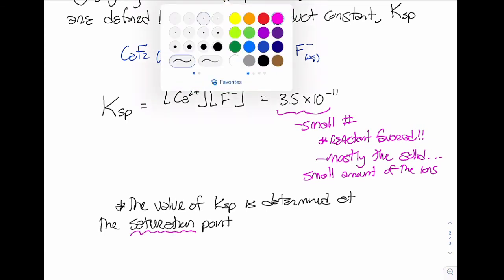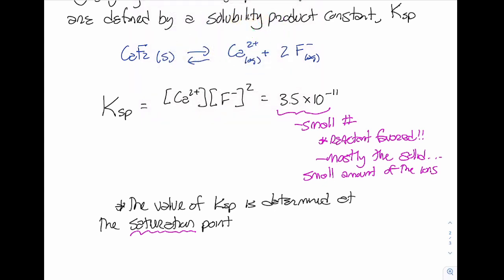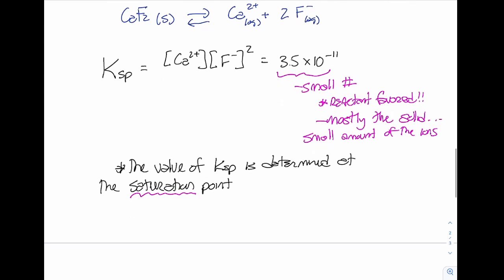You can have a supersaturated solution. How would you get a supersaturated solution, right? Supersaturated would be larger than the maximum amount, which I know sounds weird, but how would one get a supersaturated solution? Yeah, you would heat it, right? We can increase solubility by heating it. So these are temperature dependent.